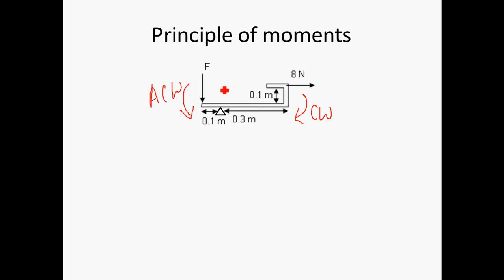Remember your first video, always extend the line of action of your force, and then draw your perpendicular distance. So this will be your perpendicular distance, and because this distance is the same as 0.1, you can use 0.1 directly. Alright, so this will be your perpendicular distance for the 8 Newton force to the pivot.